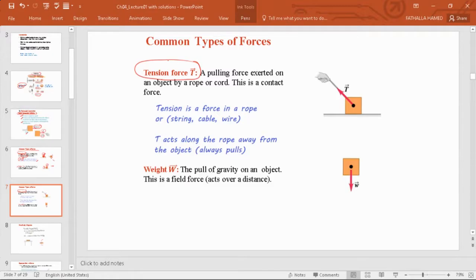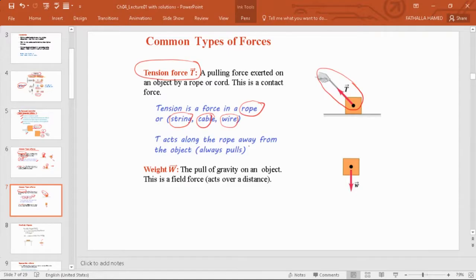Now, there is another common type that we're going to encounter, which is a tension force. Simply, we call it tension. We give it a symbol capital T. And again, you pull on an object, and always the effect comes from the center of the mass. And tension is always caused by a rope or a string or a cable or a wire, okay?